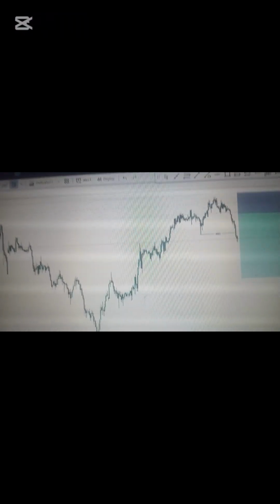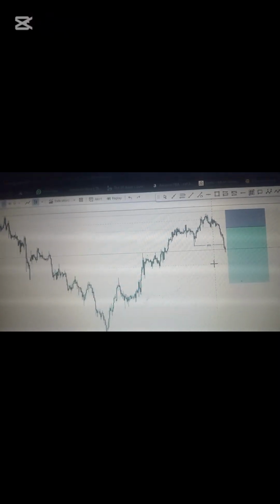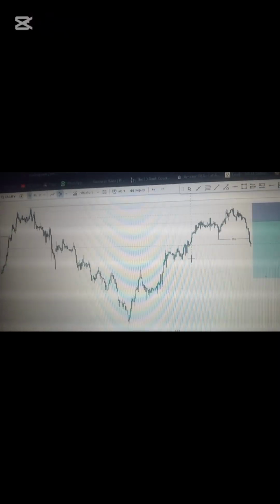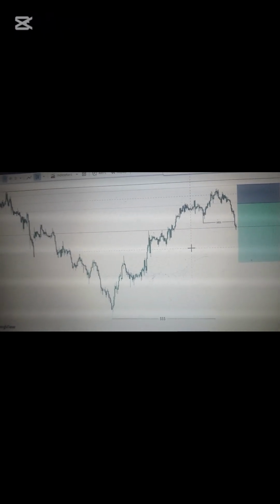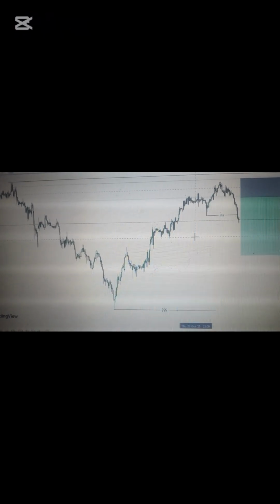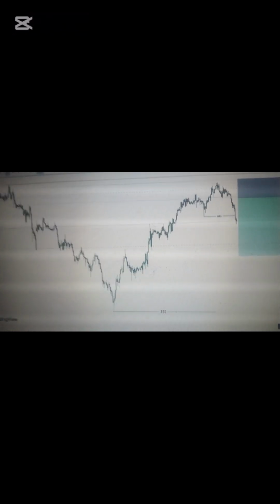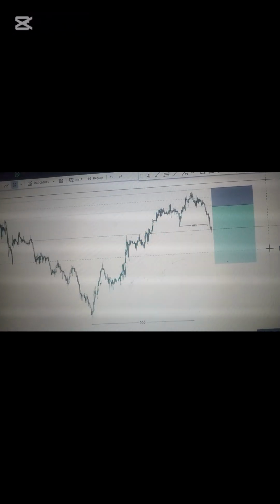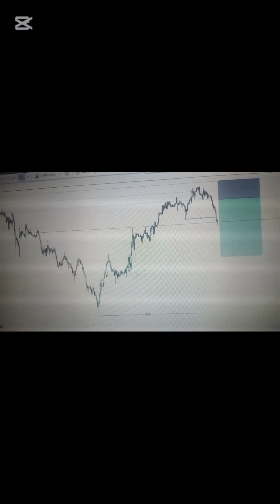As you can see, even on CAD JPY, we are seeing a potential entry, but this setup did not align with my trade plan because it's giving us a double top on the higher time frame, and there is potential that price might just want to bust past it. So that is why I'm not taking this trade, but there is a potential sell on CAD JPY, even USD JPY also.